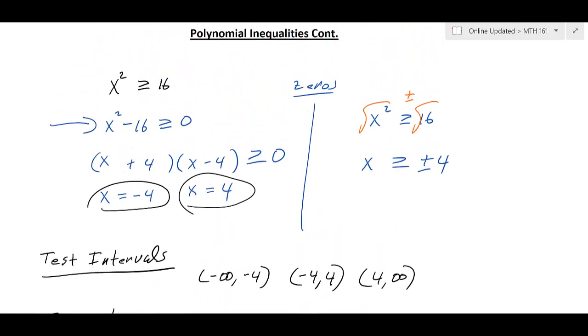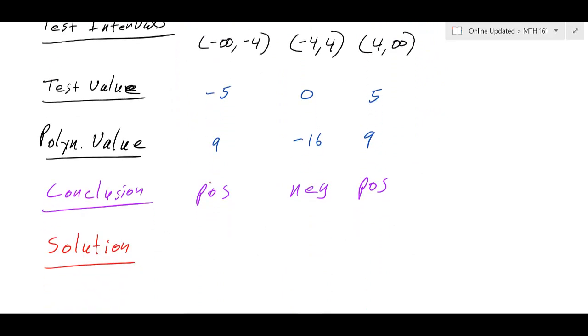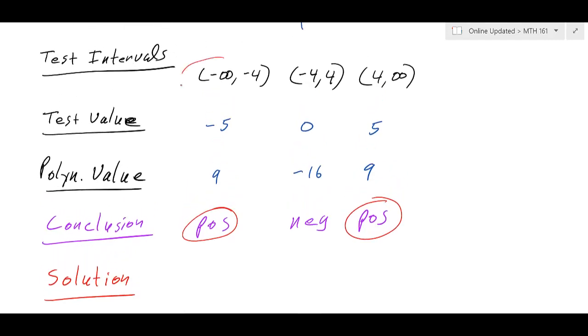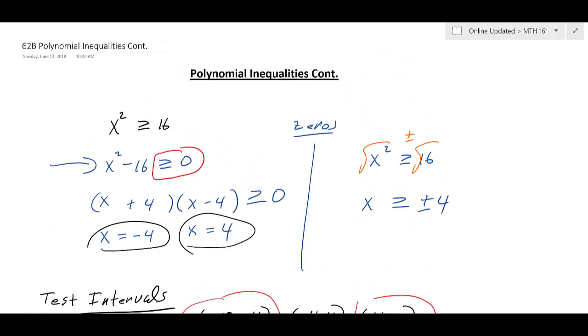If we go up here and look now, we have x squared minus 16 is greater than or equal to 0. So if we're looking at values greater than or equal to 0, then that means we're looking for positive values, and that's going to occur from negative infinity to negative 4 and 4 to infinity. Now, keep in mind though, this actually said what?